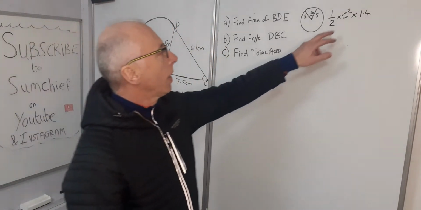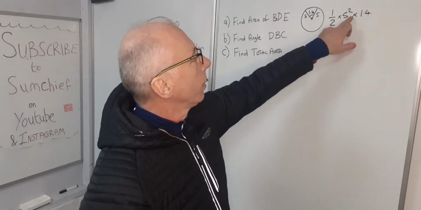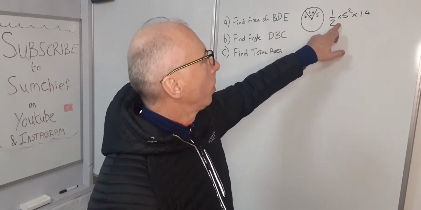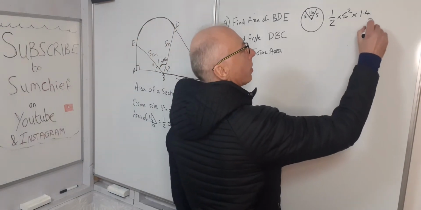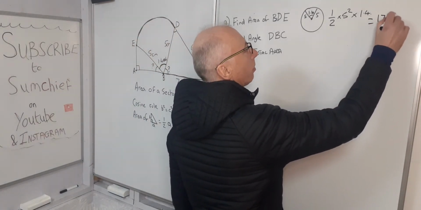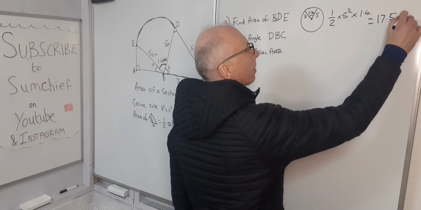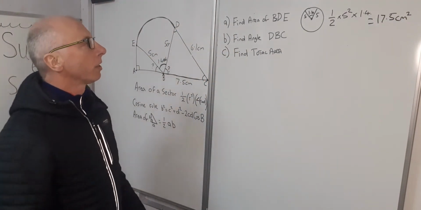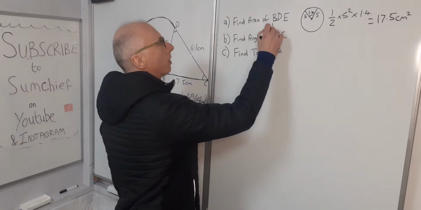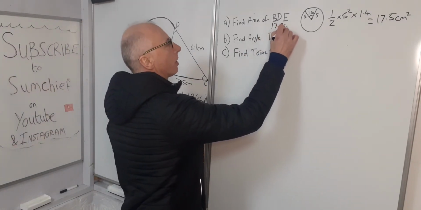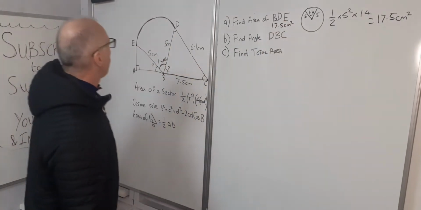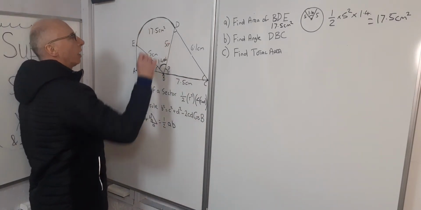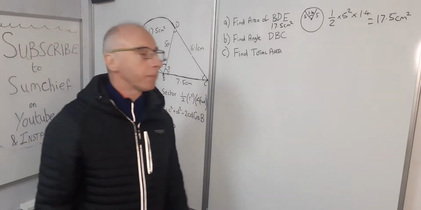Multiply that out, 25 times 1.4 divided by 2, that's going to give us 17.5, and that's in centimetres squared. All these are in centimetres. So that's our first answer, 17.5 centimetres squared. Let's write that in this bit here. Okay, that takes care of the first bit.